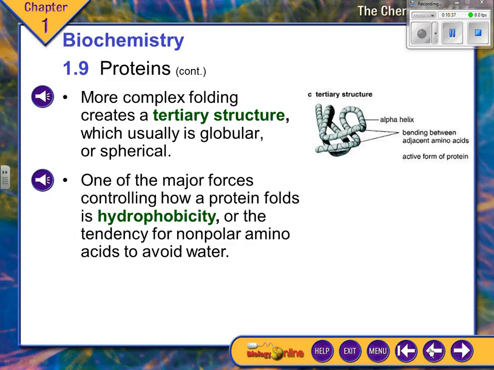Now what you do is you have interactions between those variable groups on those amino acids. That variable group, which is also known as a side chain on that amino acid, or they call it an R group because it's just that variable group, has its own properties. Maybe it's hydrophilic, maybe it's hydrophobic, maybe it's positively charged, maybe it's negatively charged. So these little side chains that are sticking out of the polypeptide chain might be attracted to each other, so it starts folding up by these different attractions.